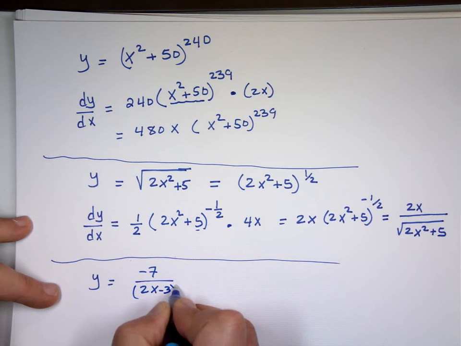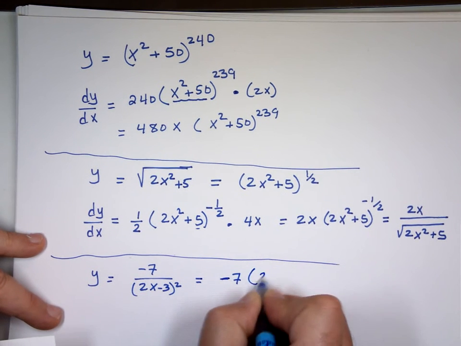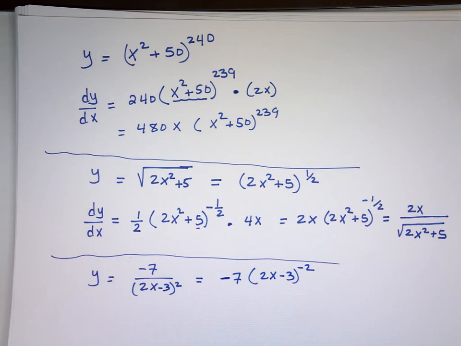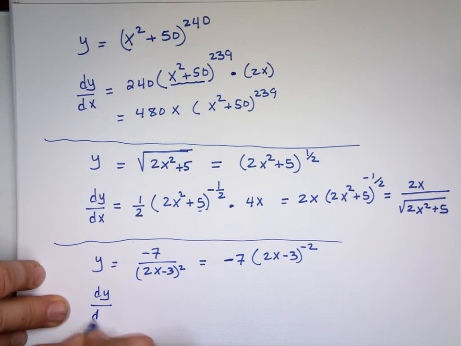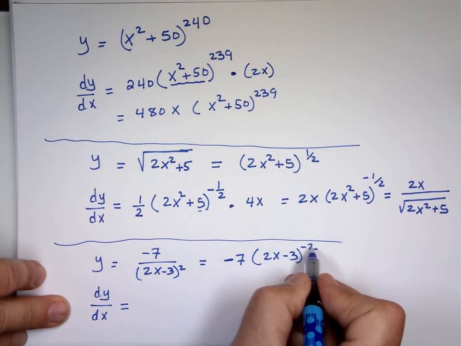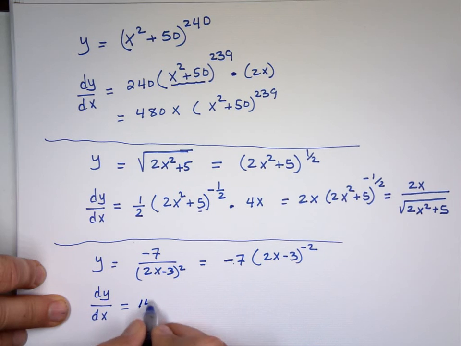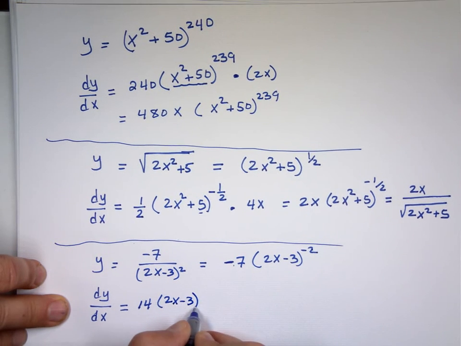You can write that negative 7, 2x minus 3 to the negative 2. And here we go. The derivative in one line. Negative 2 times the negative 7. 14. 2x minus 3, that doesn't change, to what power?